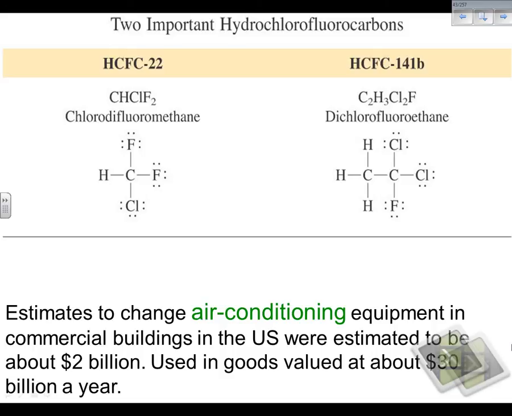Okay. Estimates to change air conditioning equipment in commercial buildings in the U.S. are estimated to be about $2 billion. Used in goods valued at about $30 billion a year. These are known collectively as the refrigerant R410. And there's still a huge number of pieces of equipment that depend upon them. They would add these two together.